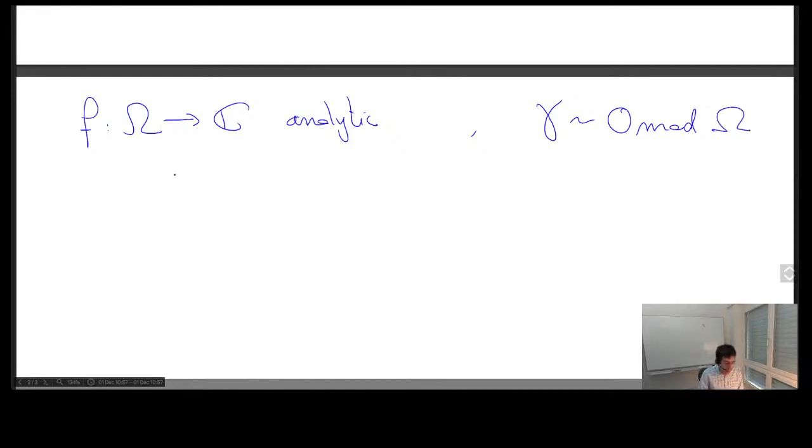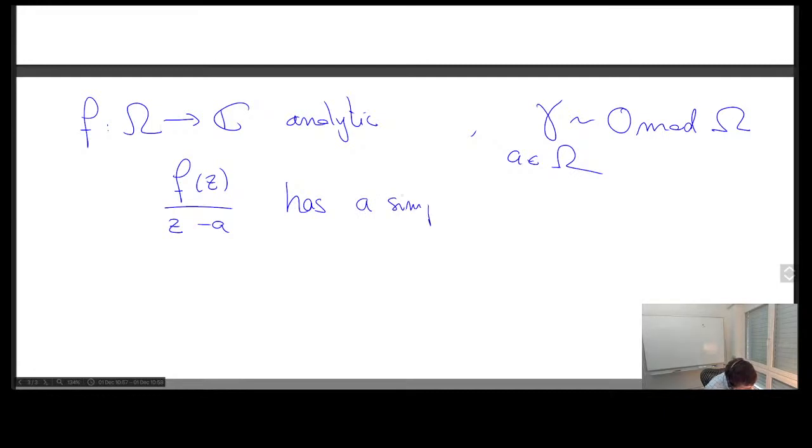Okay, and now let's look at the function f of z over z minus a, right? This clearly has an isolated pole. Let's say that a is inside omega, of course. f of z over z minus a has a simple pole at a, right? It's also very easy to compute the residue, right?